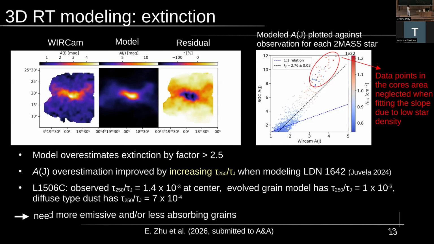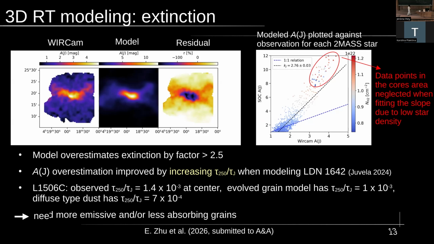But this overestimation has also been found in previous literature, for example, in previous modeling with Stock in the core L1642, also in the Taurus cloud. But the authors managed to decrease this overestimation by increasing the optical depth ratio between far infrared and J-band, without changing any other parameters.